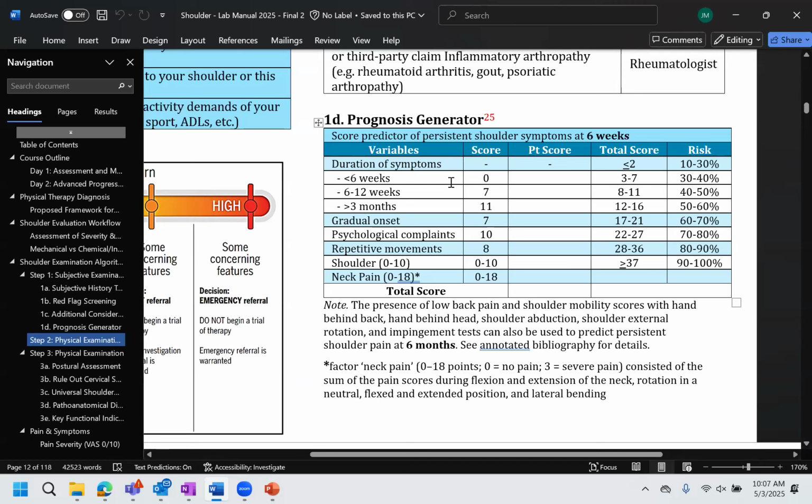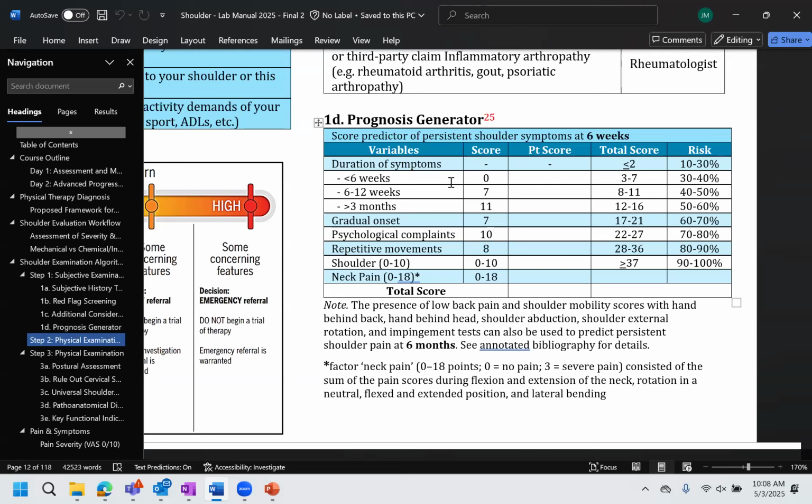So the duration of their symptoms upon initial eval, was it a gradual onset? The concomitant psychological complaints, which if you don't know what questions to ask for that, you can use a functional outcome measure, right? Kinesiophobia and otherwise. Repetitive movements are painful.